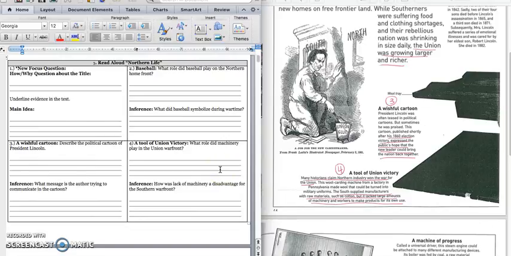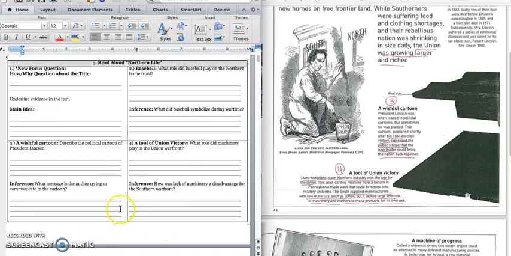So in the first part of box 4, we would write, many historians claim Northern industry won the war for the Union. Press pause to write down your answer and play when you're ready for the second part of box 4. It says, how was lack of machinery a disadvantage for the Southern war front? And if we go back in that caption, it says that the South had raw materials, but they didn't have the machines or the workers to turn those materials into something useful.